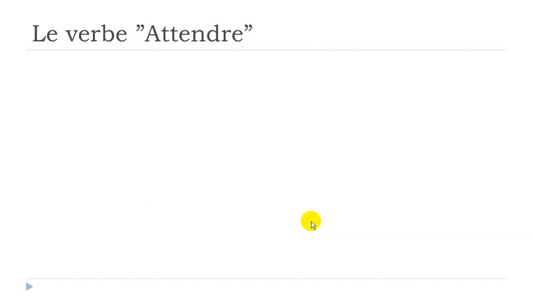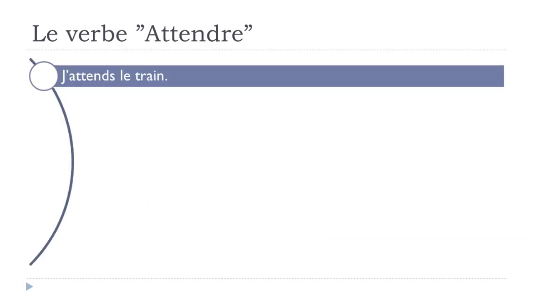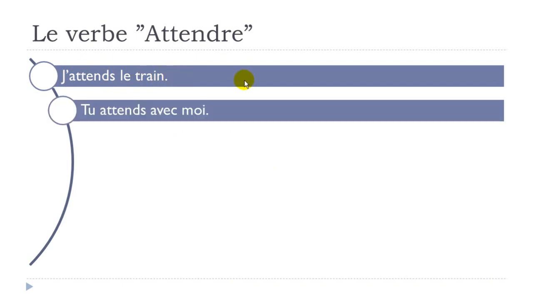I've made a few sentences just to show you how it works, and the meaning. J'attends le train. Le train, the train: I wait for the train. Tu attends avec moi.